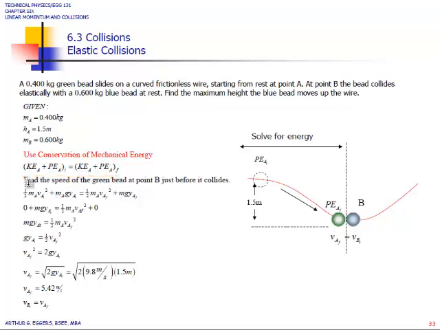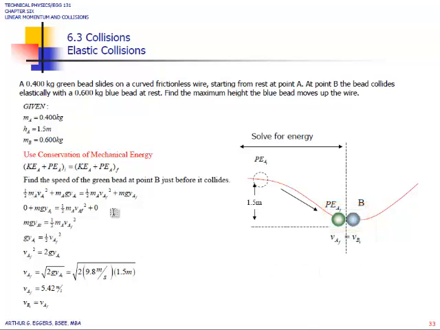So we want to find the speed of the green bead at point B just before it collides. We want to find it instantaneously before A collides with B, when we have another process happening.